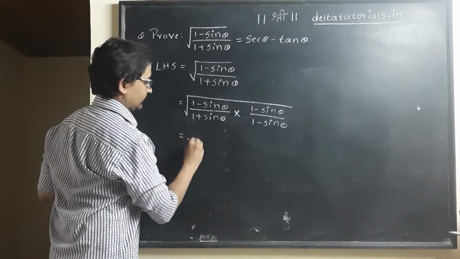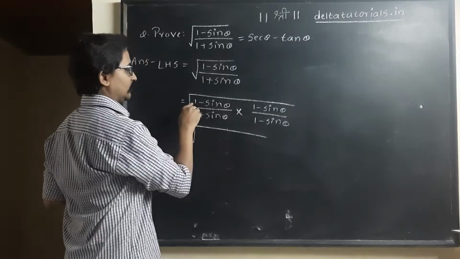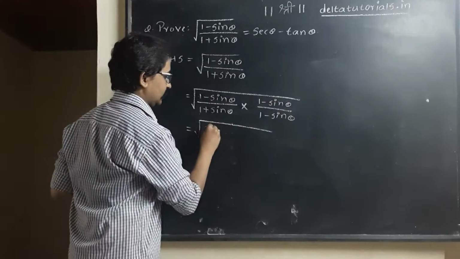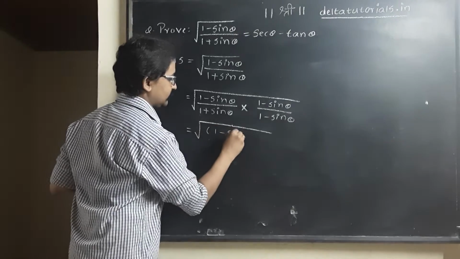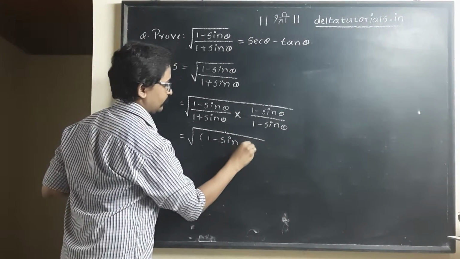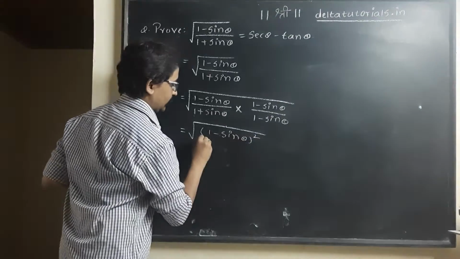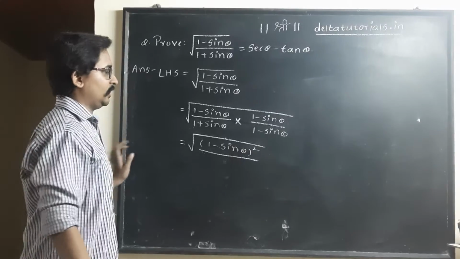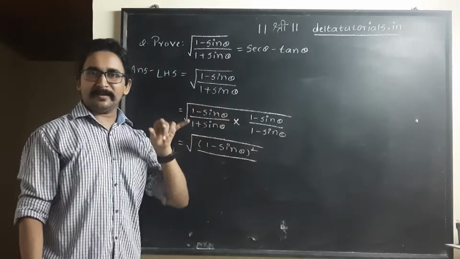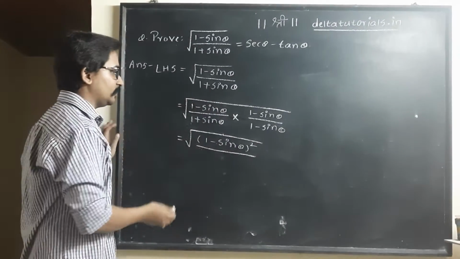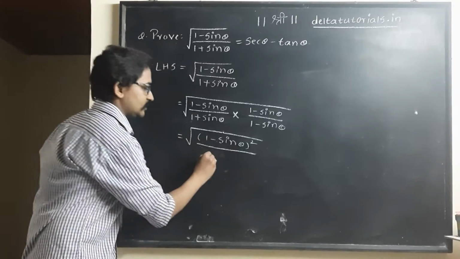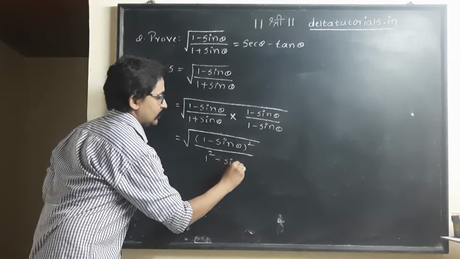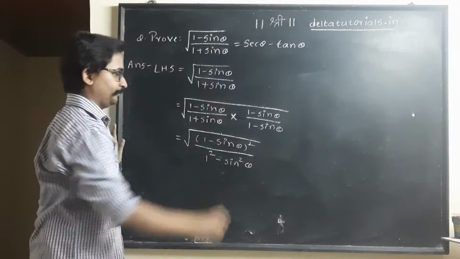Now furthermore, 1 minus sine theta into 1 minus sine theta will be 1 minus sine theta whole square, upon 1 plus sine theta and 1 minus sine theta. It's like a plus b and a minus b, so its reduced form will be a square minus b square. That is, it will be 1 square minus sine square theta.